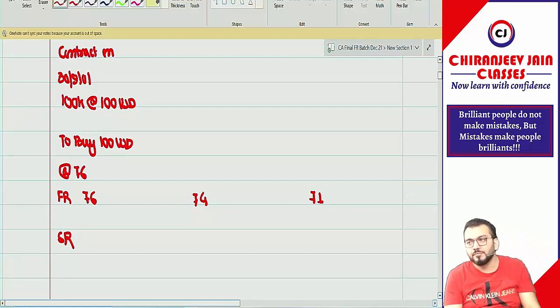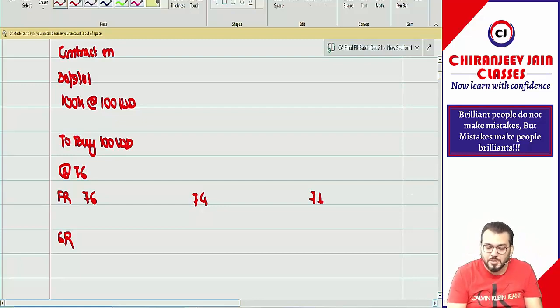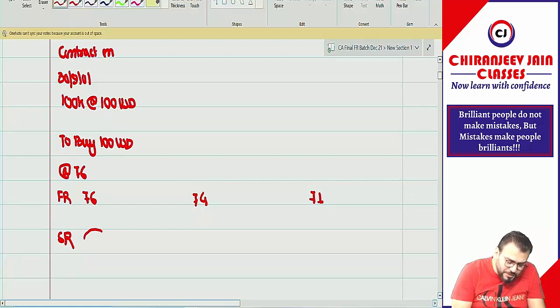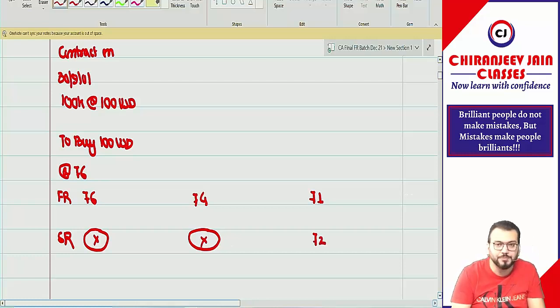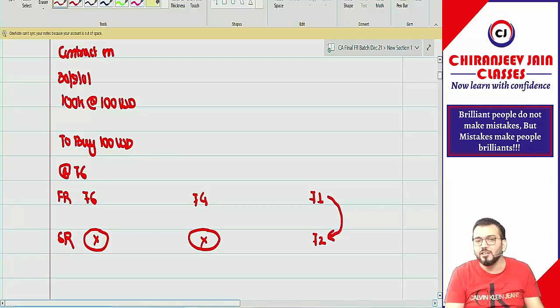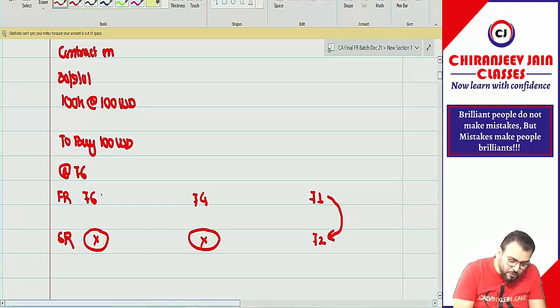Can you say spot rate? Spot rate is actually not required, and they have not given this spot rate, but they have given this spot rate 72. However, from my point of view, it is not correct. This should be same only. It cannot be different, because this is the forward rate for how many months? 6 months.